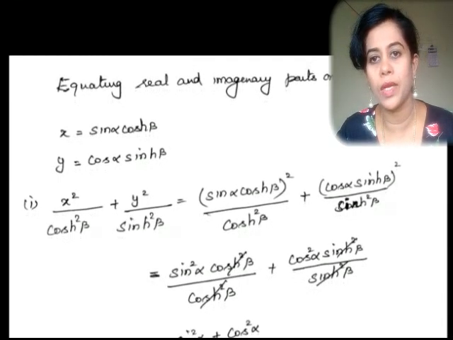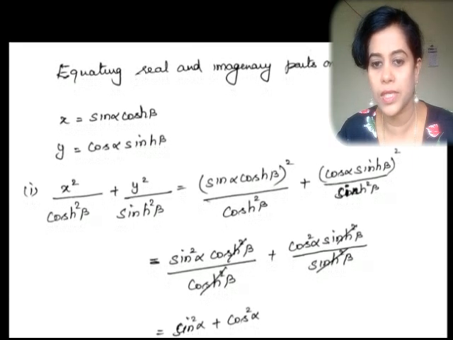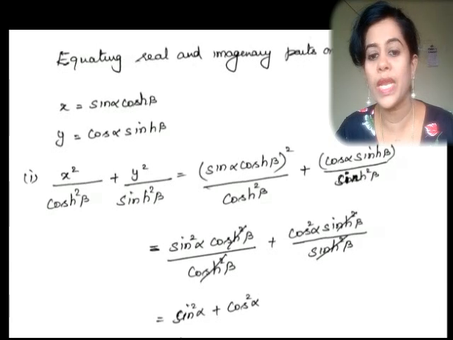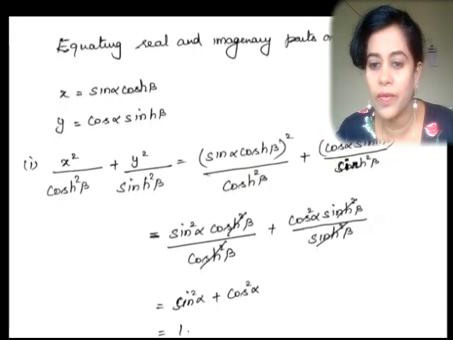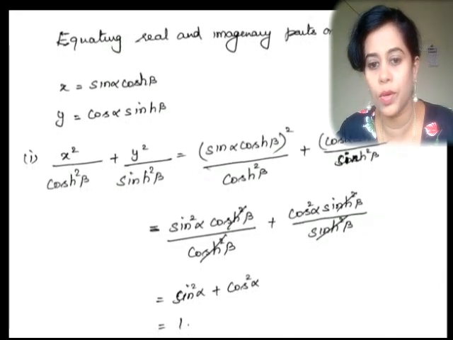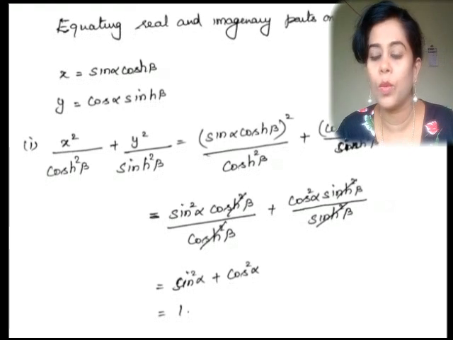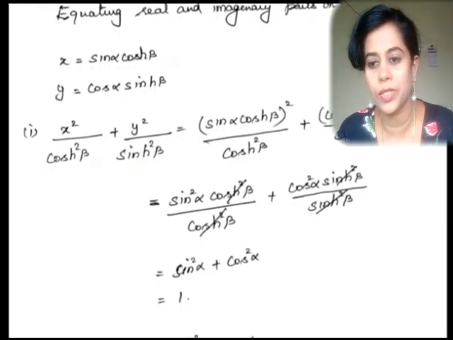Let me substitute the values of x and y here: x is sin alpha cos h beta, y is cos alpha sin h beta. We need x squared and y squared, so squaring the terms, we get sin alpha cos h beta the whole squared by cos h squared beta plus cos alpha sin h beta the whole squared by sin h squared beta.